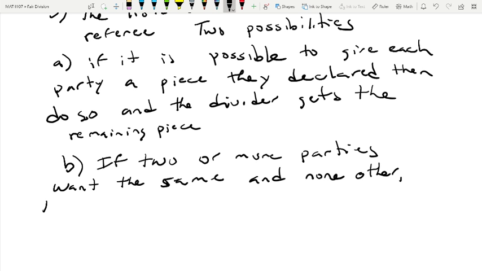Then give a non-contested piece to the divider.